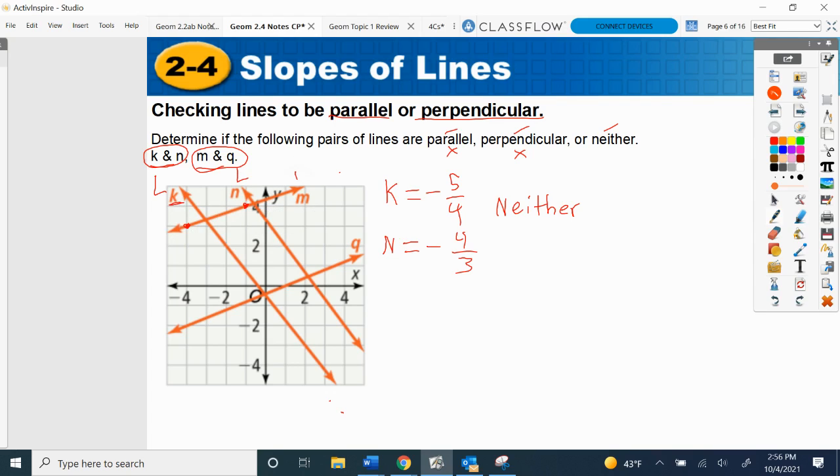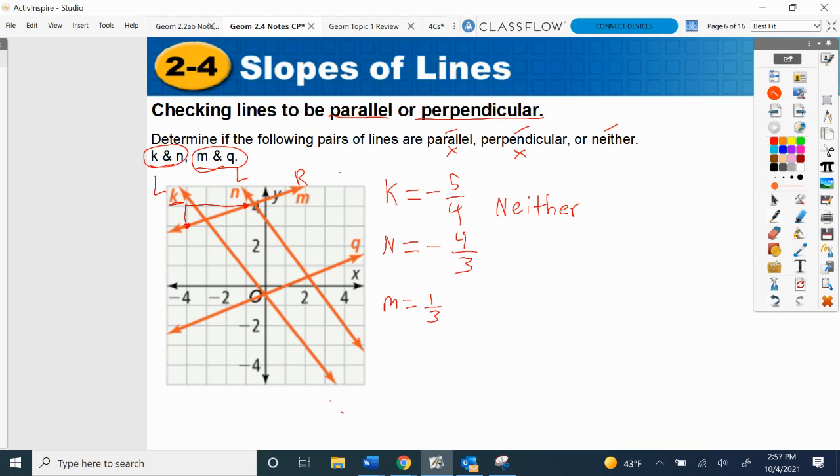Okay, so it looks like it's going to the right, so that's going to be a positive slope. And we're going up 1 over 3. Okay, so for M, we have a positive slope. No, wait. It's going to be up 1 over top of 3. There we go. All right, there's our slope of M, 1/3.